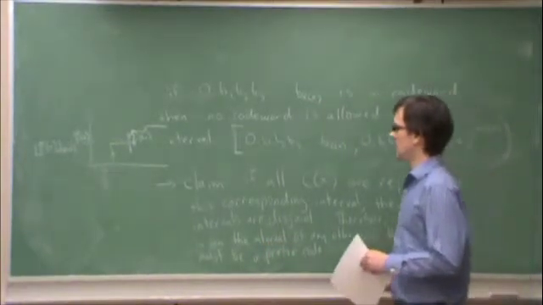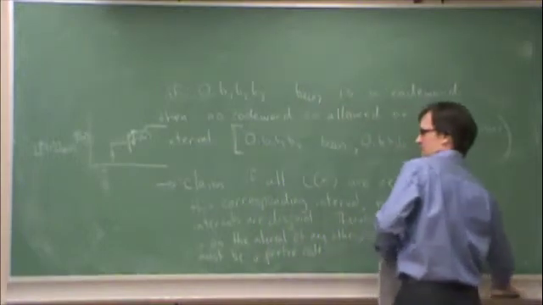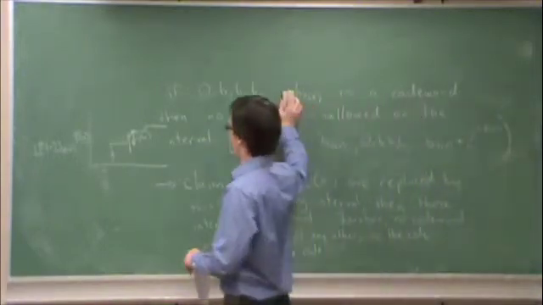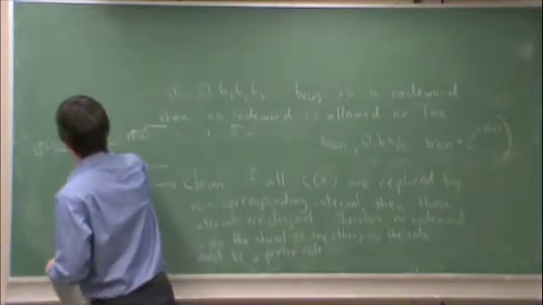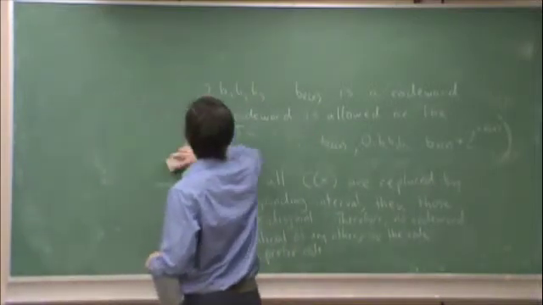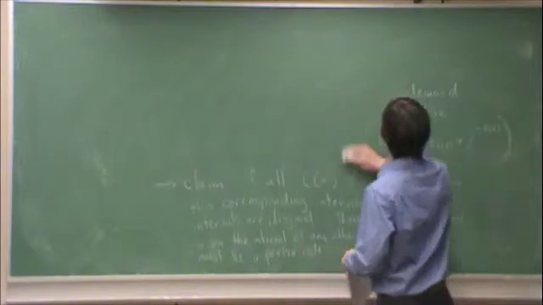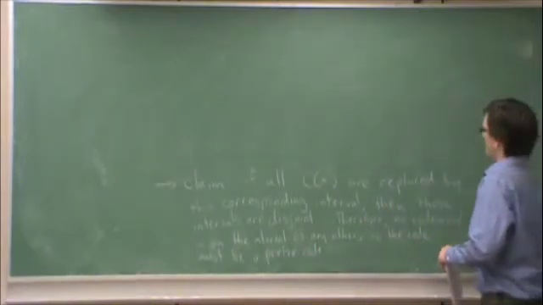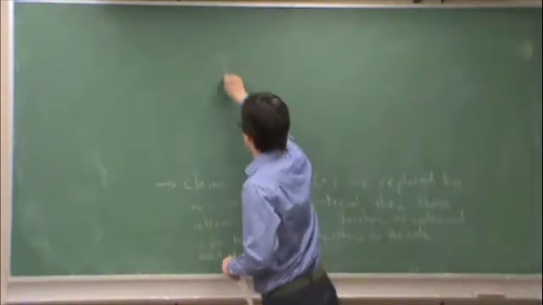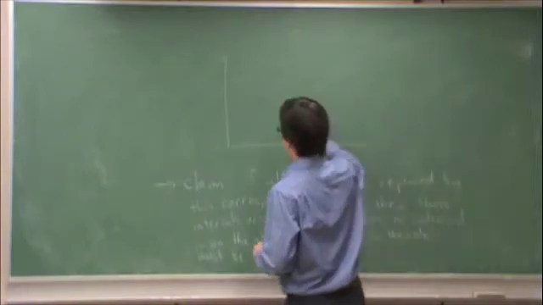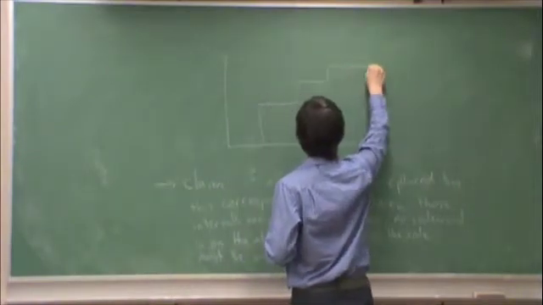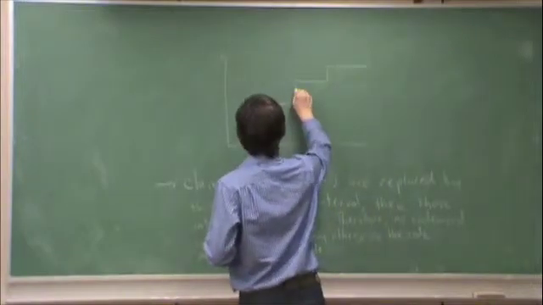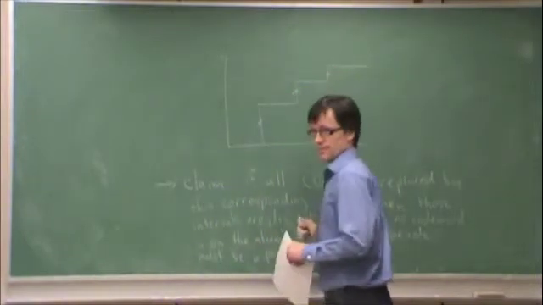Okay, so to show that, it's helpful to look at a diagram of what we're going to do. So here is f of x, and here are the f bars of x.